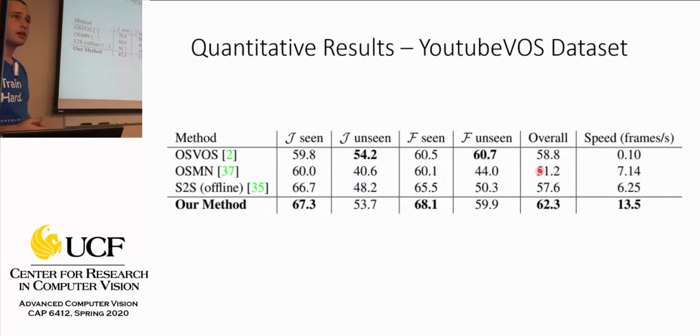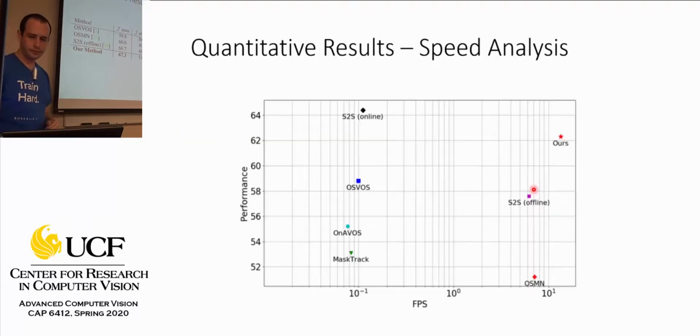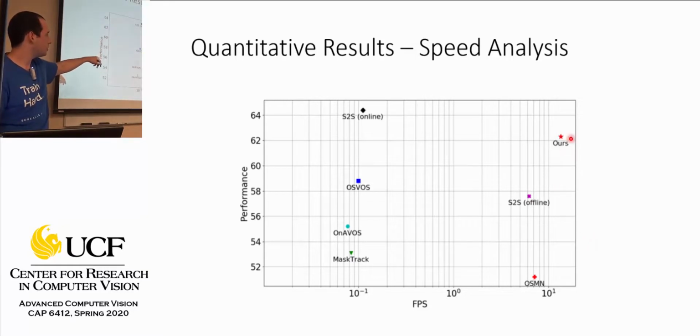Is that inference or training time? Inference time. Yeah. So we segment about twice as fast and still achieve a significant margin over the other methods. Here you can see a nice plot of the speed versus performance.